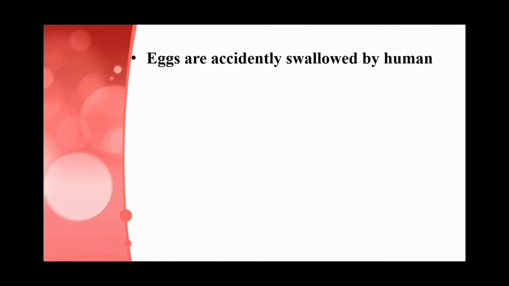These eggs are accidentally swallowed by humans. For example, if kids play with such contaminated soil and, without proper washing of their hands, eat something, these eggs reach inside their body. So Ascariasis is mainly found in children. Inside our body, at the intestine, the larvae hatch into worms.